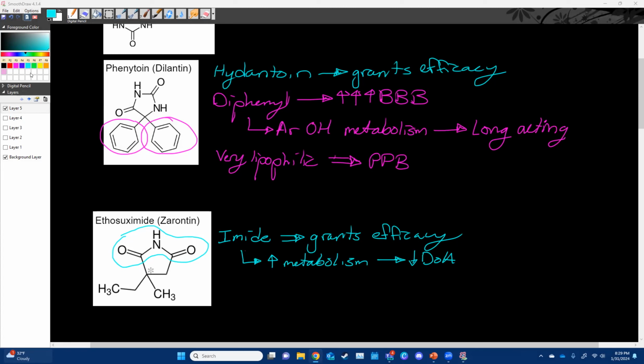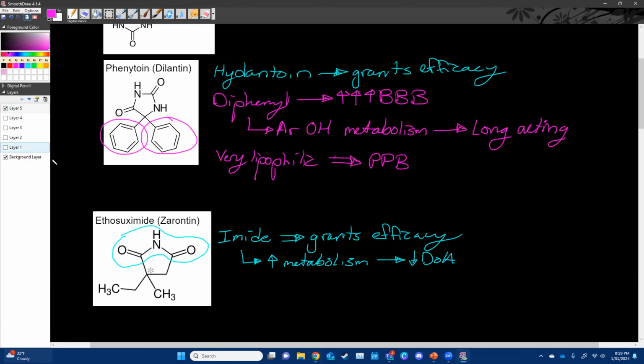Now, compare its groups versus phenytoin. Who's going to be more easily absorbed? Exactly.